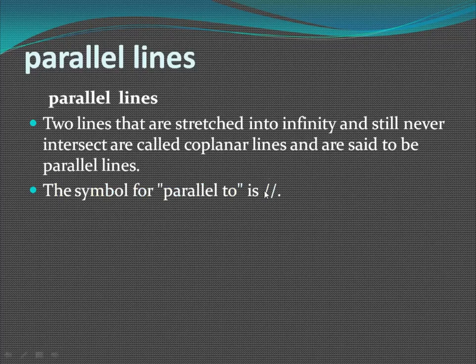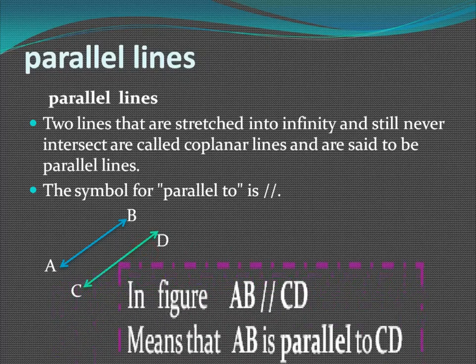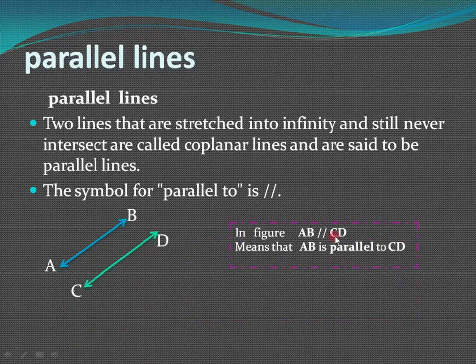Here one line is AB and the other line is CD. These two lines are parallel, so we can symbolically write it, as you can see in the box here, AB is parallel to CD.